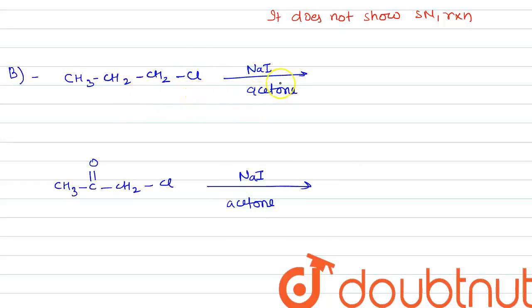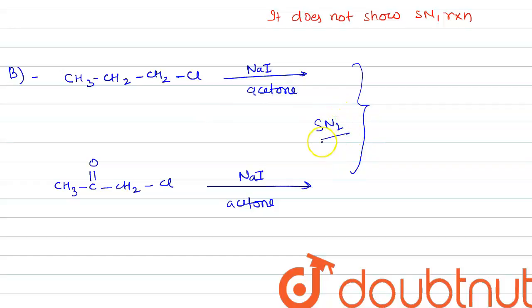In both cases, the formation of a primary carbocation would be involved, and due to the primary carbocation, it does not favor the SN1 reaction. It favors the SN2 reaction, so both favor SN2.